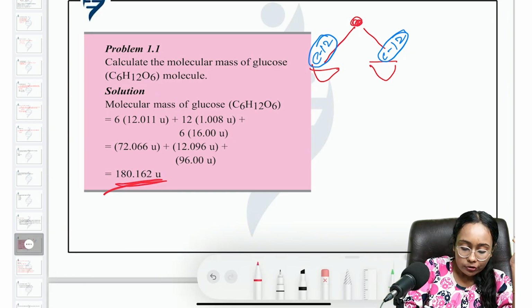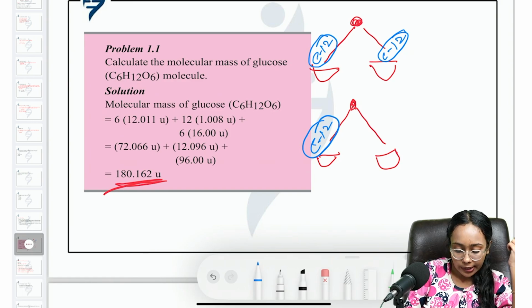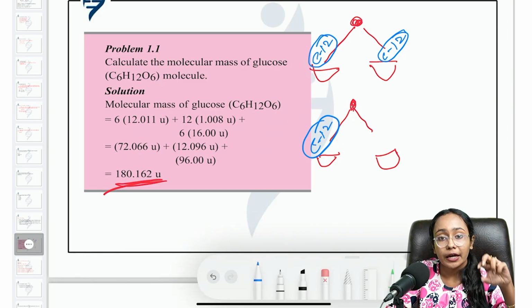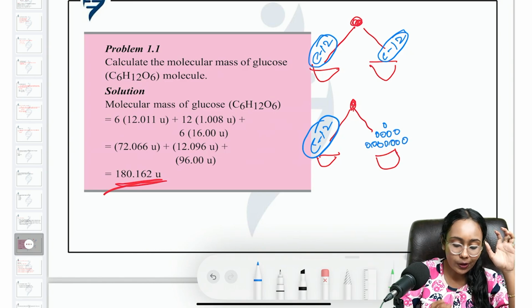Now, I'm taking the same weighing pan. On the left side, I'm placing a C12 isotope. On the right side, I'm equally dividing the C12 isotope, or C12 atom, into 12 equal units: 1, 2, 3, 4, 5, 6, 7, 8, 9, 10, 11, 12.